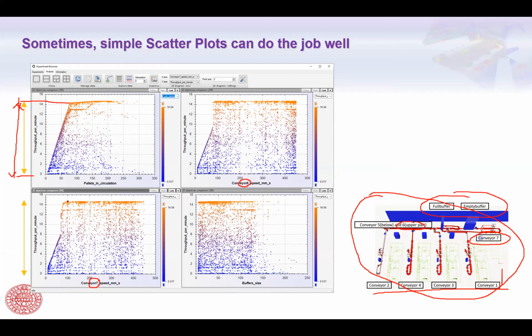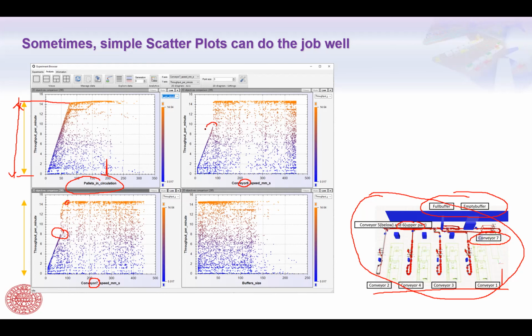And after the conveyor speed passes 100 millimeter per second, so 1 meter per second, you could find that increasing the speed of the conveyor is meaningless. The effect of the buffer is not so clear. The number of pallets, of course, is directly proportional. I think this effect is anticipated. But where do we find this kind of sudden change of the improvement?